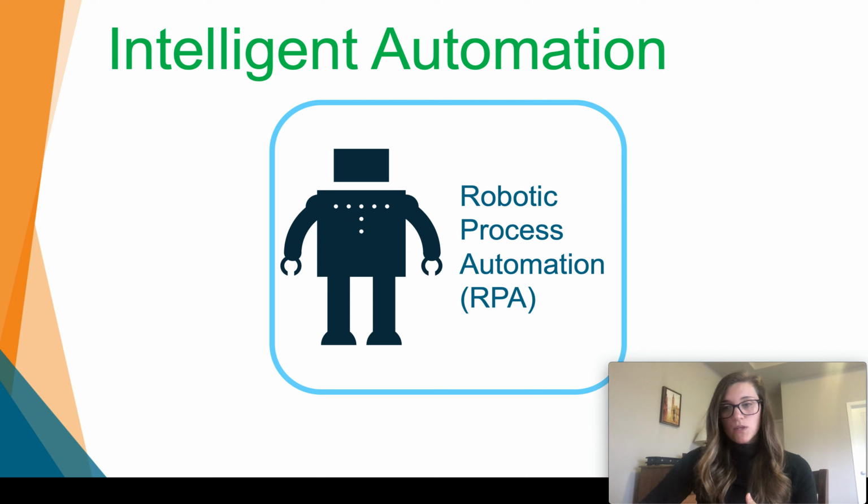Or there's also the ability to use assisted bots that will come in and help guide your team through processes to make sure that they are following a process to a T and using the most efficient way to get work done. So robotic process automation is a really great way to further automate solutions that may be leveraging case management or workflow, like we talked about in that second stage of automation.